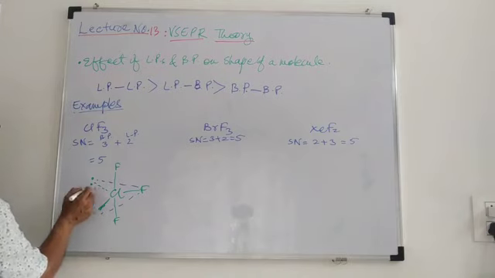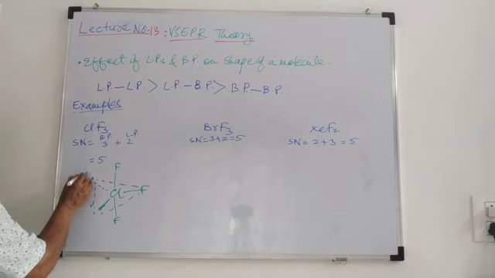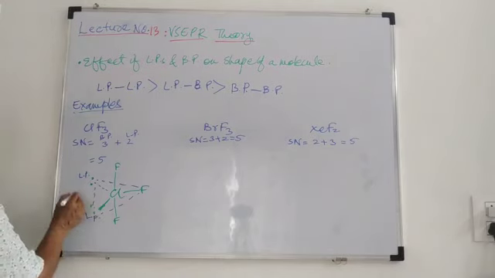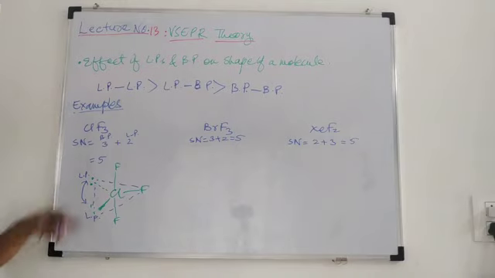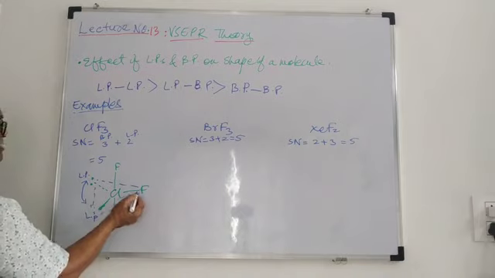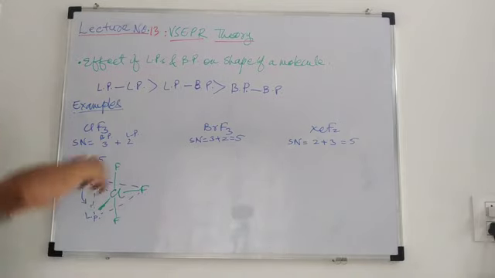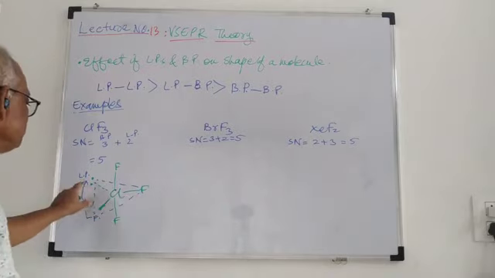There is strong repulsion between these lone pairs, so these are moving away. As a result, the two lone pairs will have an effect on this fluorine, but this fluorine is at equal distance and far away from these pairs.